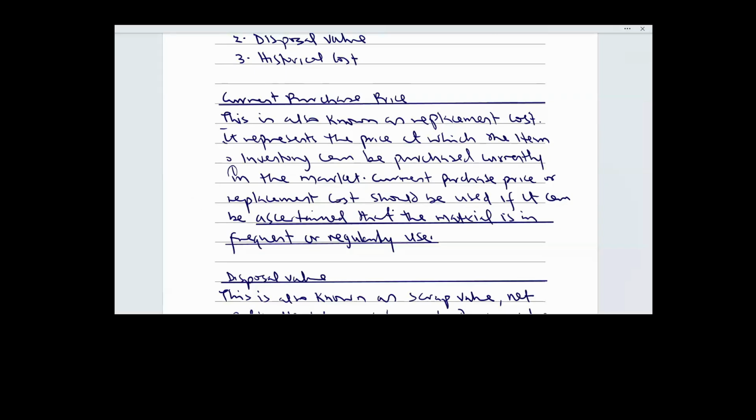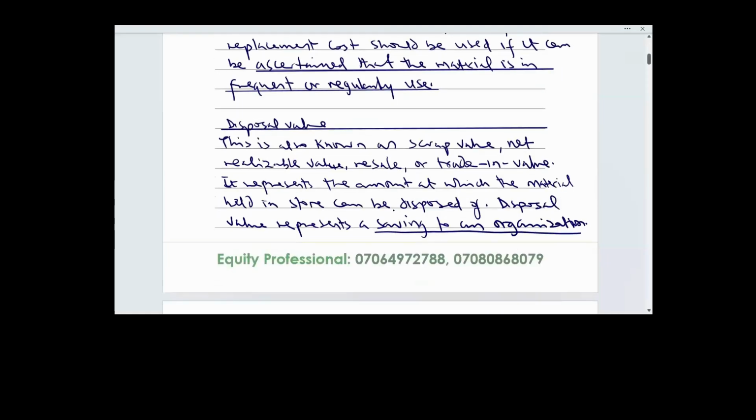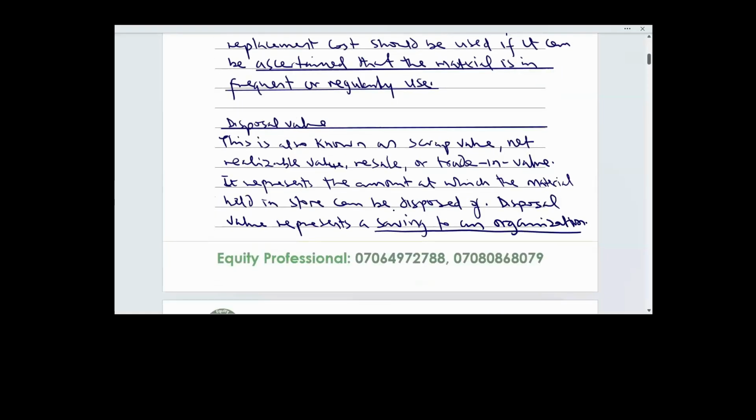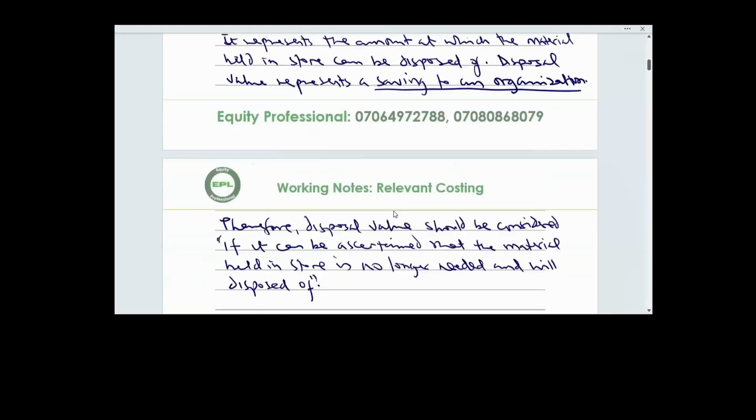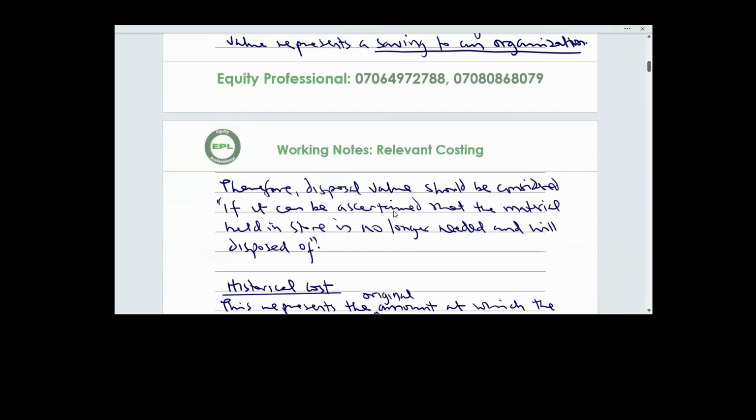The second item is the disposal value. We said that disposal value represents the amount at which the item of raw material held in store can be disposed of, can be sold. The disposal value represents the saving to an organization. Therefore, the disposal value should be used, or should be considered, if it can be ascertained that the material is no longer needed and will be disposed of.